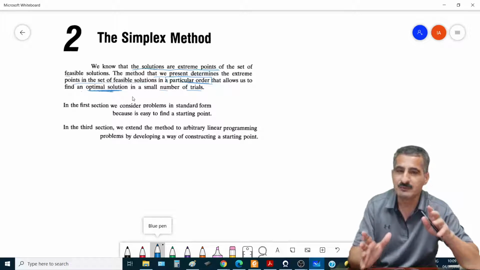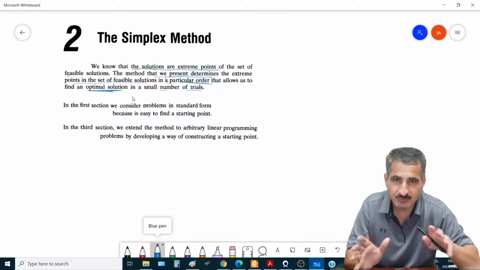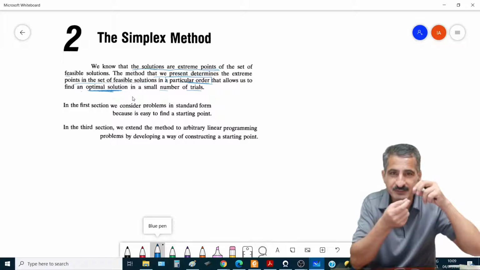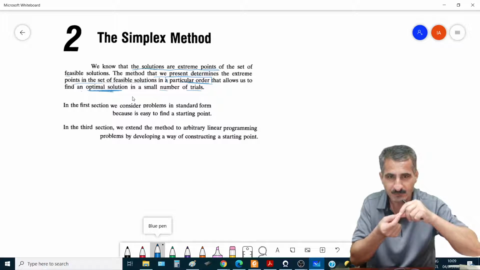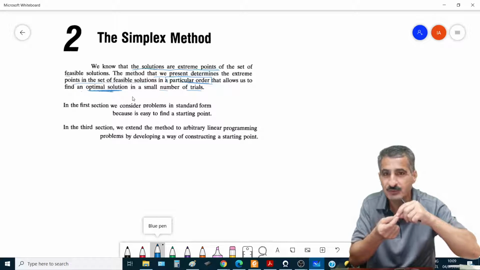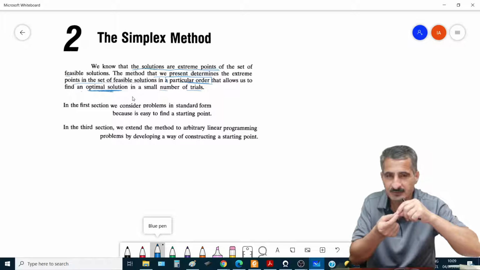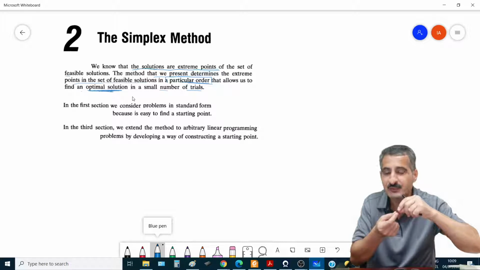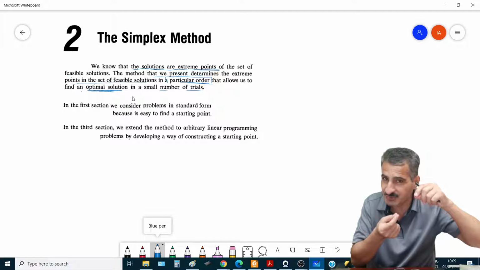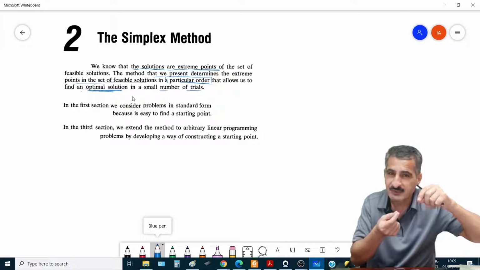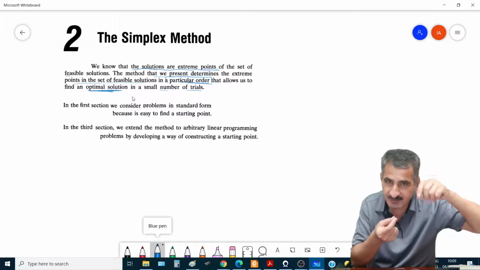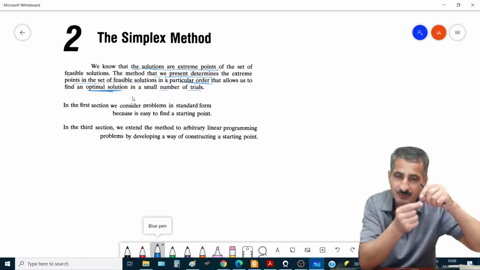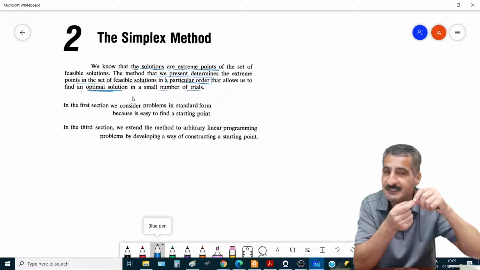So the simplex method will do the following. It will start at some extreme point, and then it does some process. Then we move to an adjacent extreme point, such that the function takes a higher value at this new extreme point. Once we get there, we do the process again.